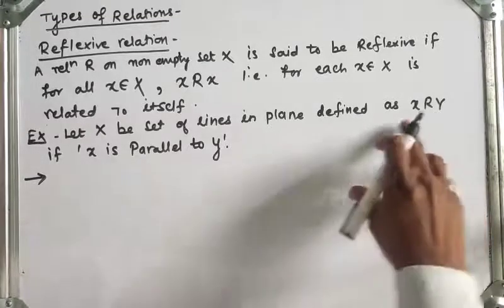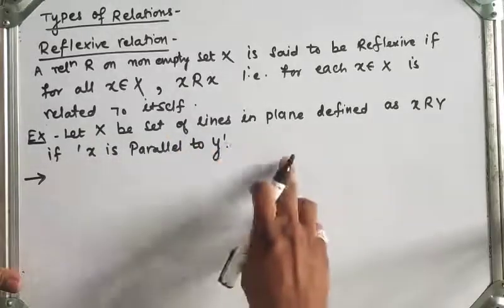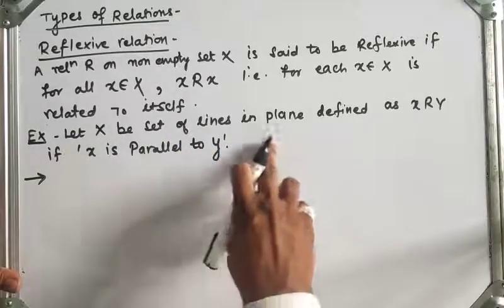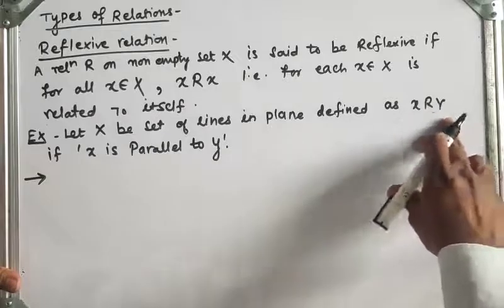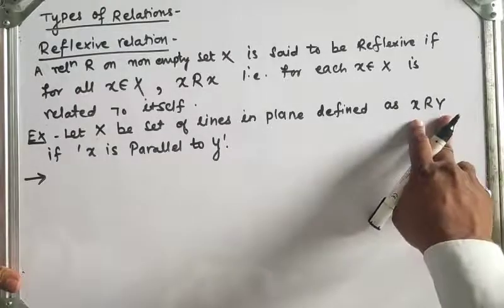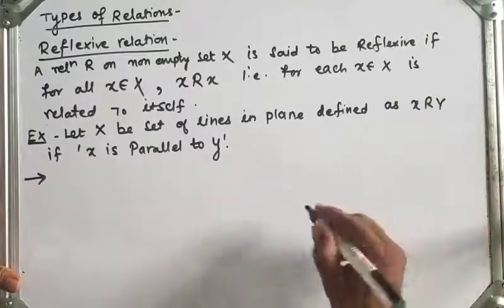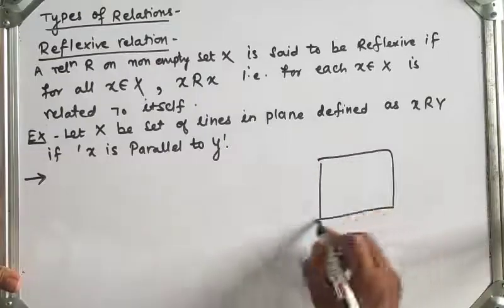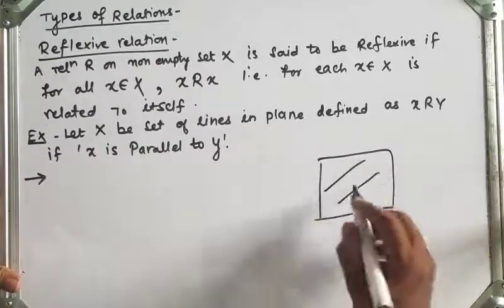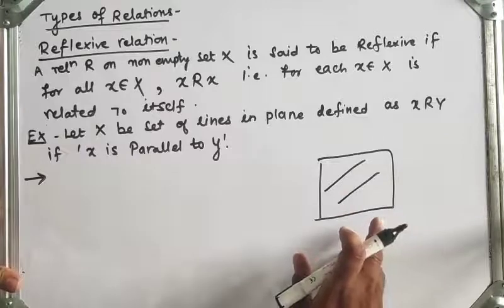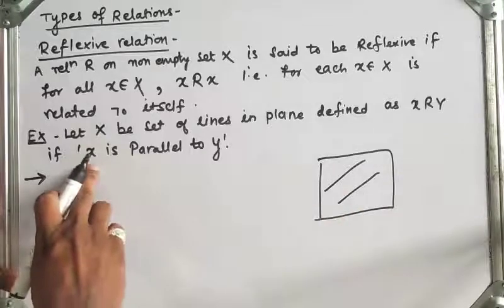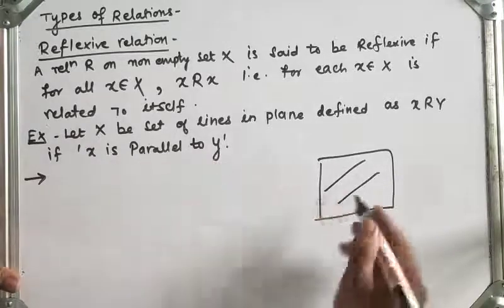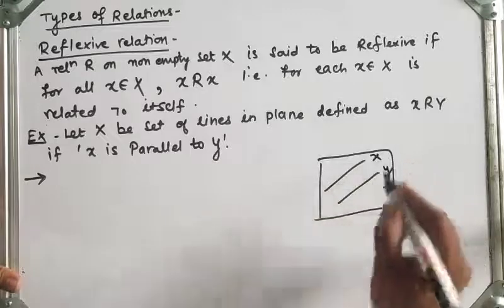So what is given here? X is the set of all lines in a plane defined by x related to y. So here given 2 lines in a plane. Suppose this is a plane and we have 2 lines which are parallel to each other. So x is parallel to y. Here is the x line, here is the y line.